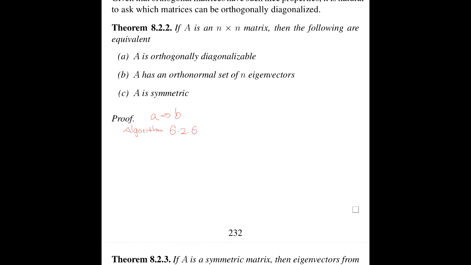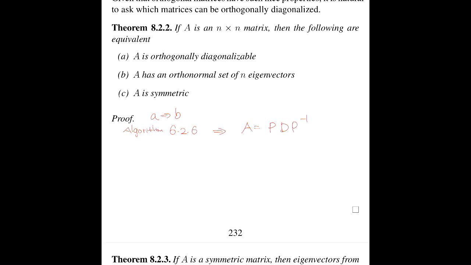We know if matrix A is diagonalizable, then we know how to diagonalize A. We can find an invertible matrix P and a diagonal matrix D such that A equals P times D times P inverse.